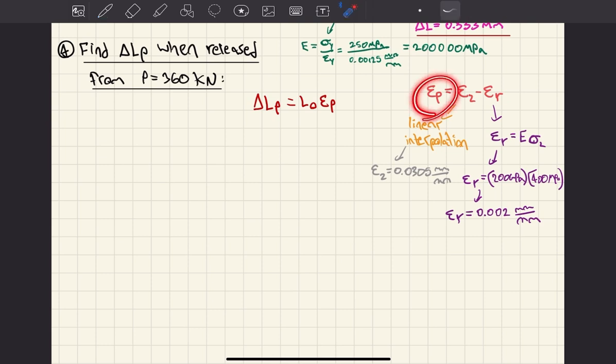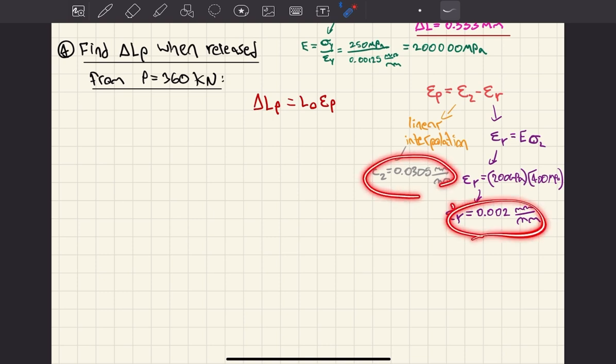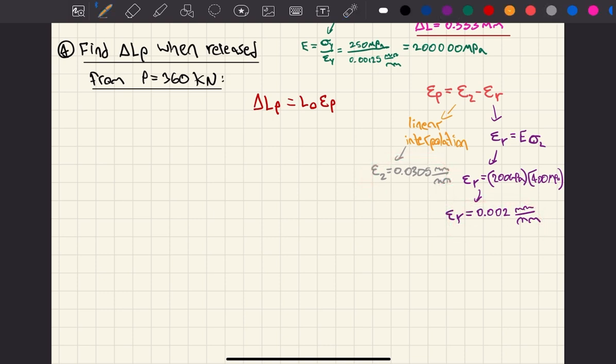How do I find the permanent strain? I just subtract this number from this number. Therefore, I'm going to get that the permanent strain is equal to 0.0305 millimeters per millimeter, right?